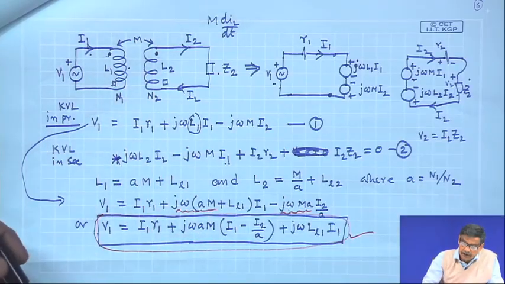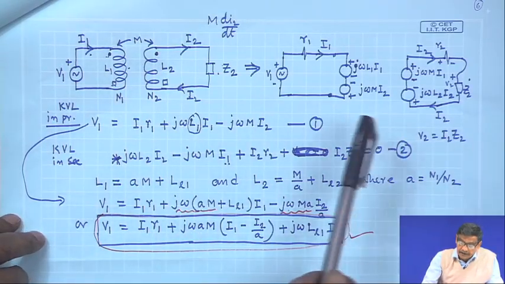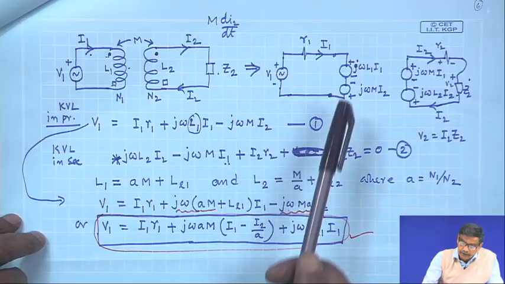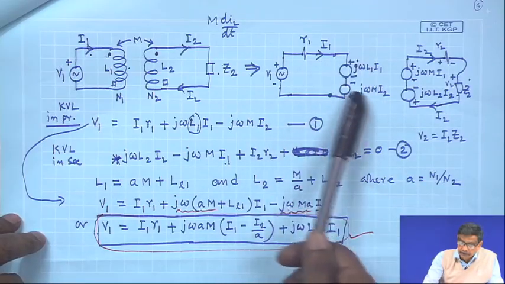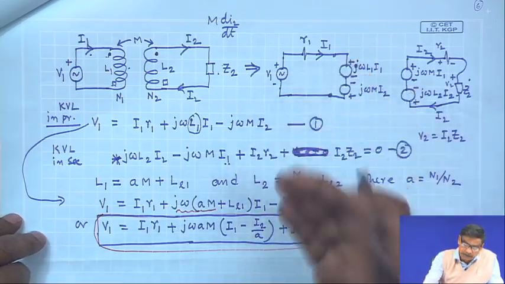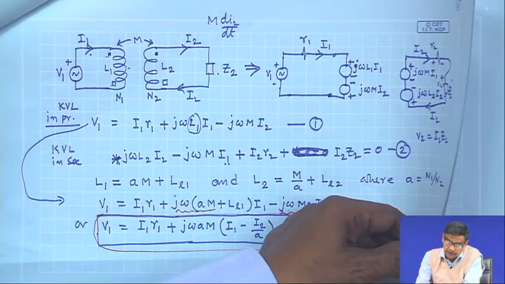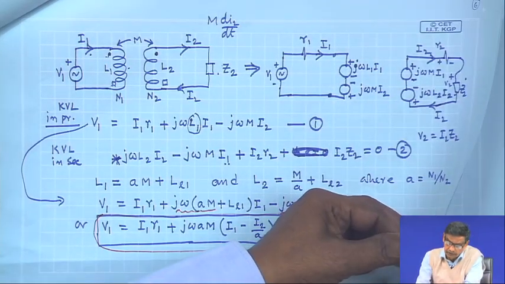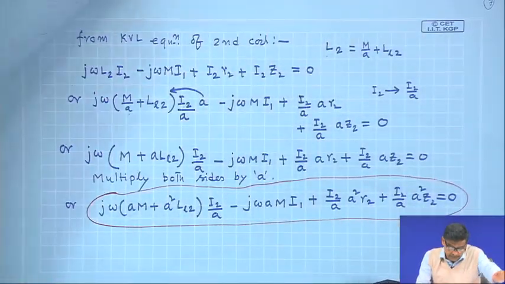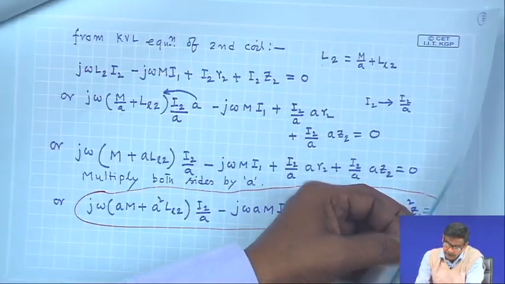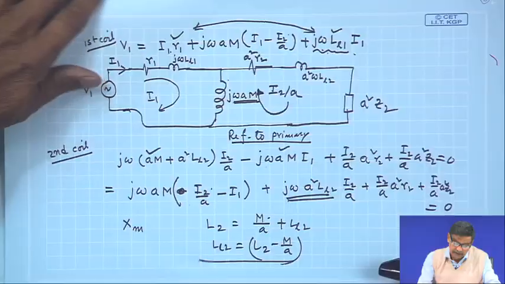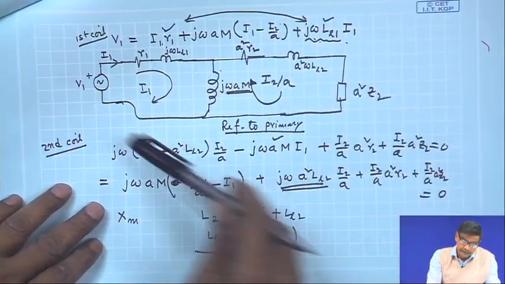Knowing those dots, I will be correctly writing the KVL equations with appropriate polarities of these voltages. Students often get confused, but I hope you practice it, so that there will be no problem at all. And finally, we found out the equivalent circuit like this.